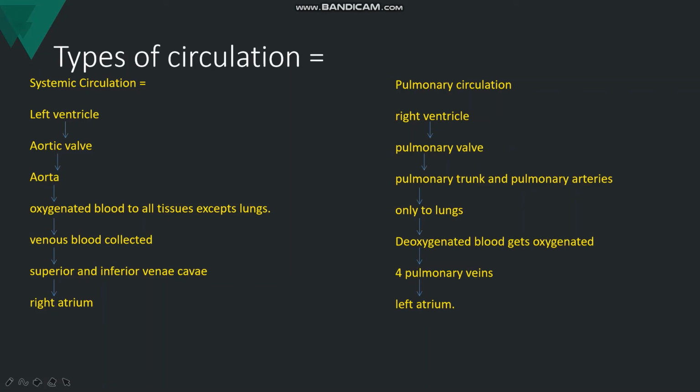In the pulmonary circulation, the blood goes from the right ventricle to the pulmonary valve, then to the pulmonary trunk and pulmonary arteries, and only to the lungs. The deoxygenated blood gets oxygenated only in the lungs, and the four pulmonary veins carry it to the left atrium.